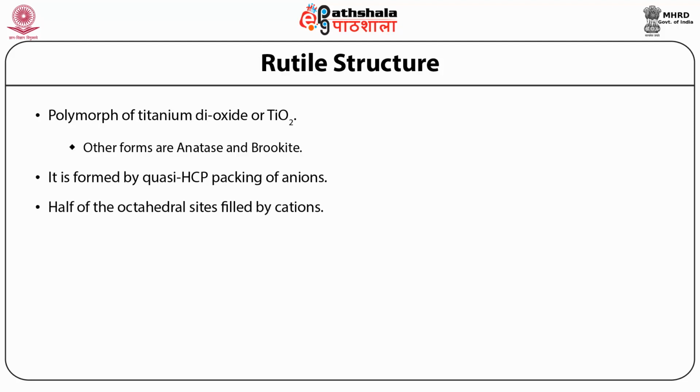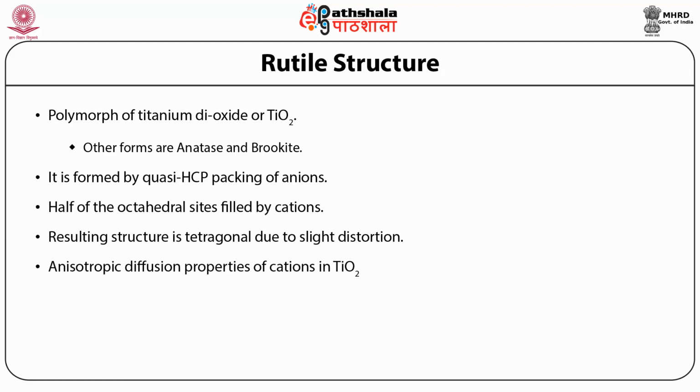Half of the octahedral sites are filled by cations, whereas the other half is left empty. This results in the rutile structure, which is tetragonal due to slight distortion. In this case, anisotropic diffusion properties of cations are there in TiO2.